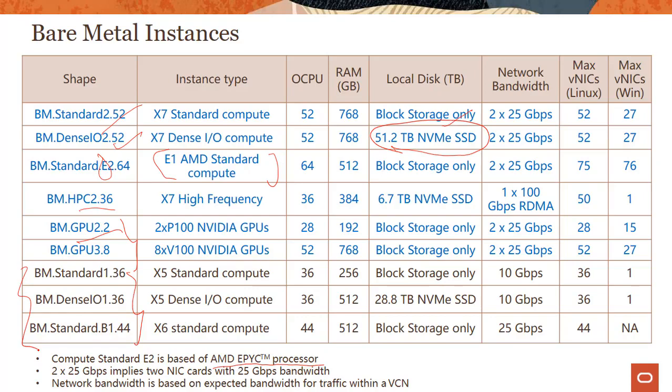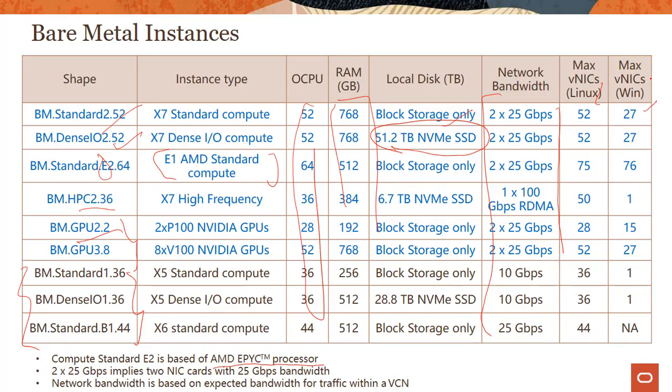Now, also note here, we have various OCPUs listed, and we have memory listed and the network bandwidth. You can see some of these instances have bandwidth going up to 50 Gbps, the virtual NICs you can use, etc. One question which comes up all the time is what is an OCPU?